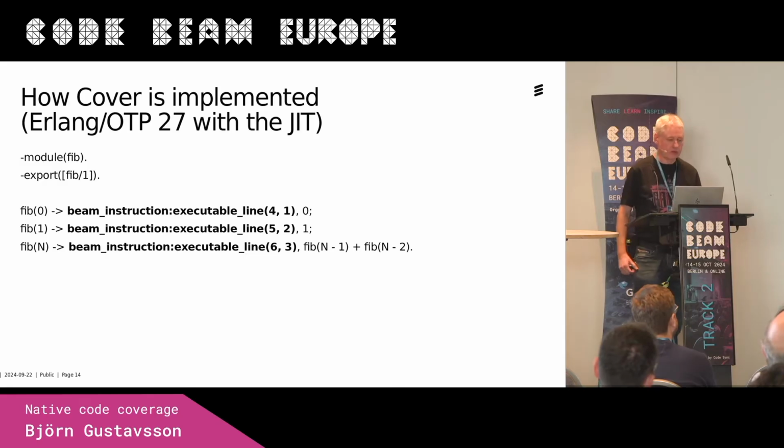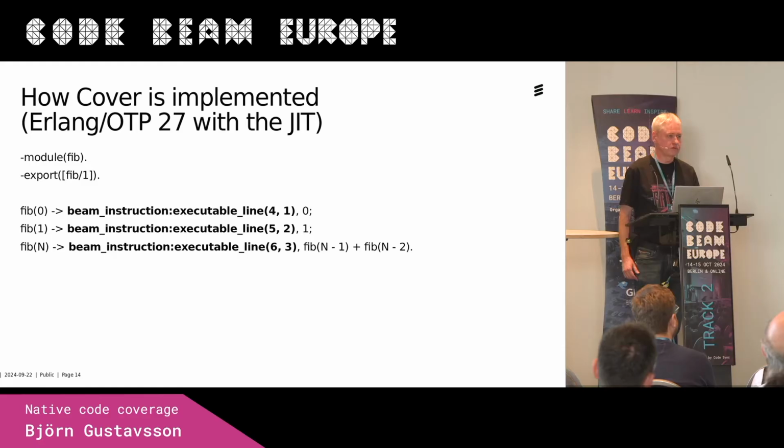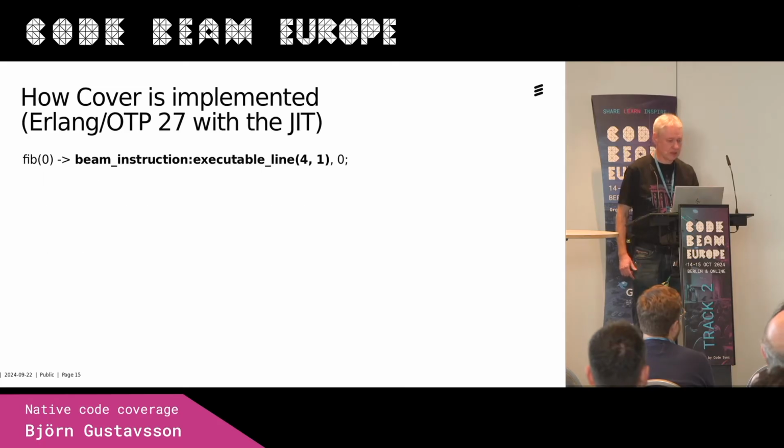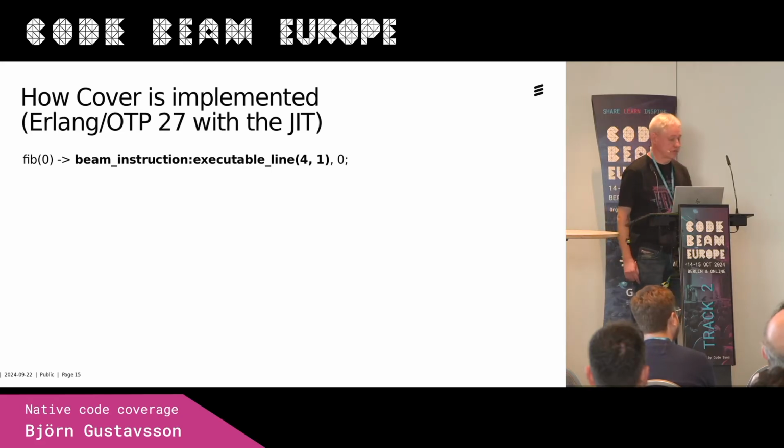And now in OTP 27, we built support into the runtime system, the JIT, to do this counting, to further reduce overhead. So there is a new instruction called executable_line. And this is pseudocode. This is not real Erlang code. It's just how it's printed. So we'll have to dig a little bit deeper into the BEAM. So here we have only the first clause on line 4.